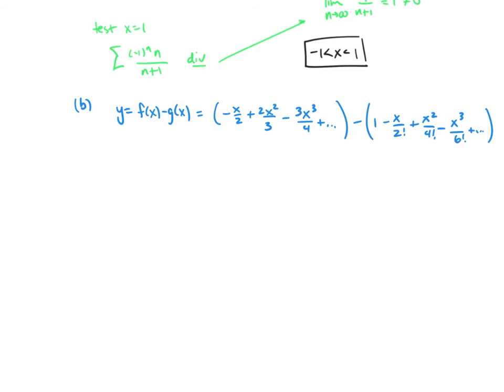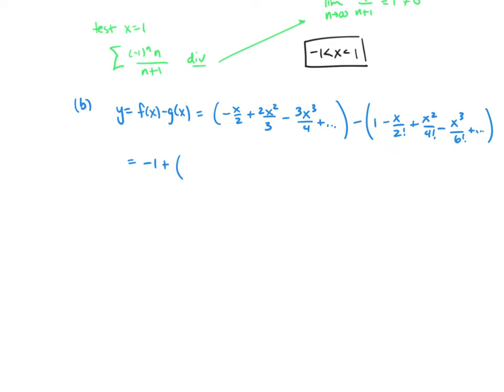Now I want to combine these, which means I need to combine like terms. For example, the only constant I have is 1. I'm subtracting it, so my first term is negative 1. My next term is going to be the addition of x to the single power. Notice that we have negative x over 2 minus a negative x over 2, which means that's going to cancel.